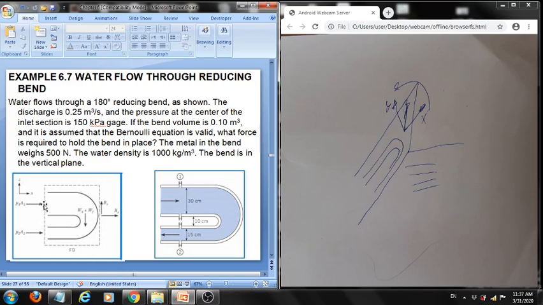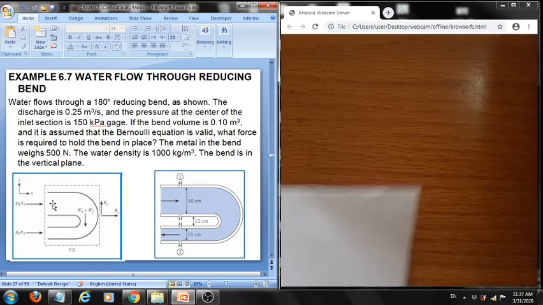So a point to remember, always when we cut through fluid in pipes, we always have a pressure force. The pressure force is always normal and acting on the control volume. Okay, this is very important to remember for the solution.